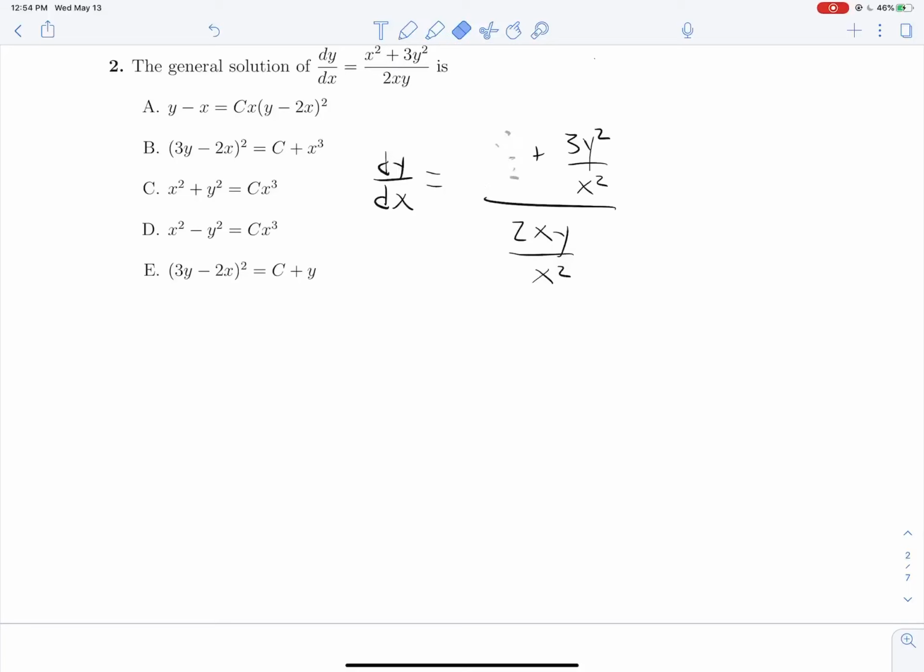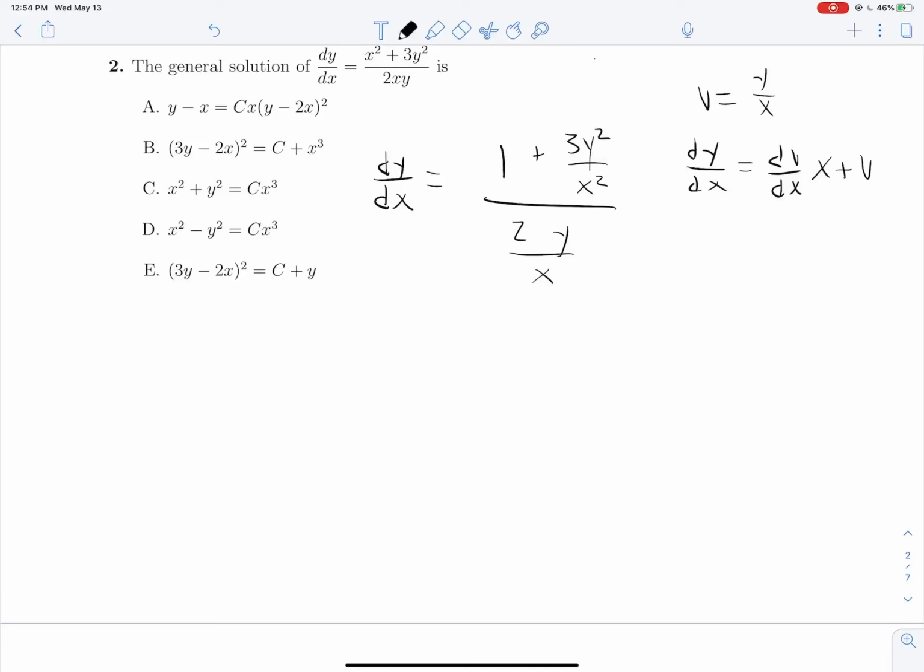Simplifying this, we get a 1 here, and that doesn't simplify at all yet, and we'll get 2y over x down in the denominator. And now what we can do is our favorite substitution here, which is v equals y over x, which also comes with the fact that dy/dx is equal to dv/dx times x plus v.